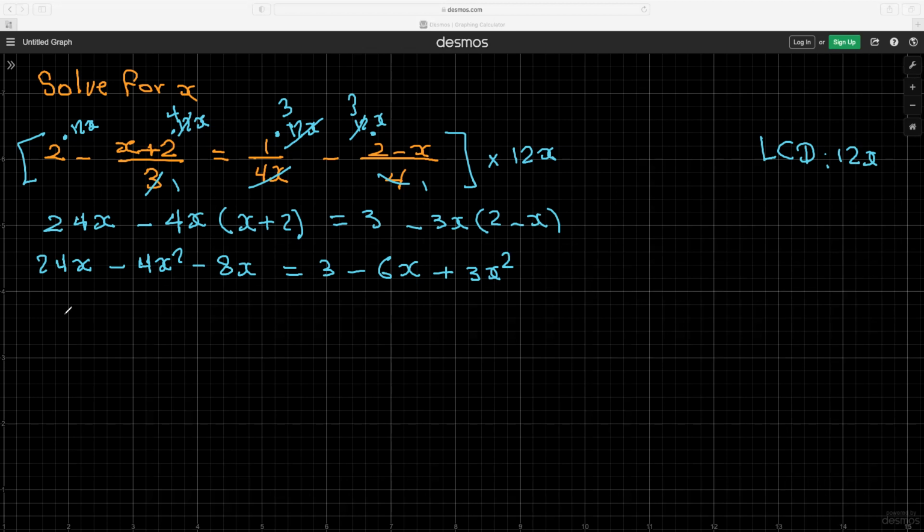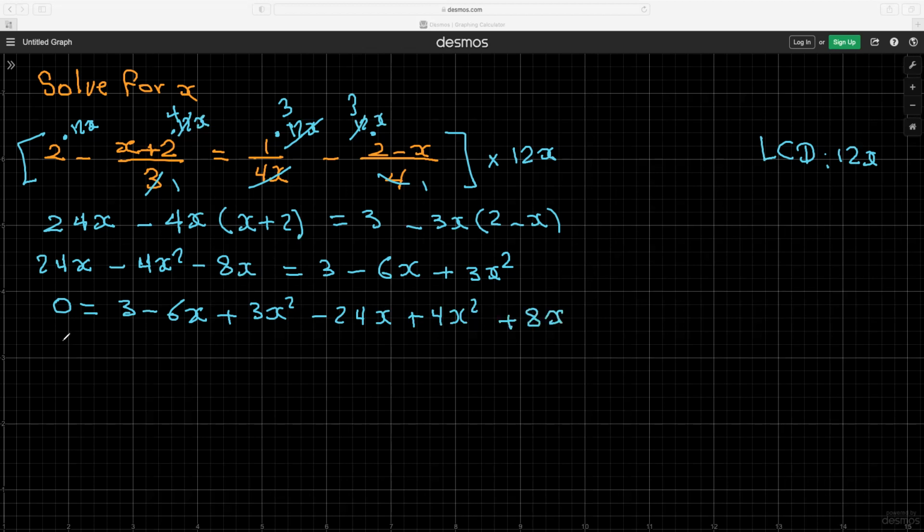Now the best thing to do in this situation is move everything to this side, so you're going to have 0 on the left side. Let's rewrite it here, 3 minus 6x plus 3x squared. When you move this in here, all the signs in front are going to change. So that's going to become minus 24x, that's going to become plus 4x squared, and this is going to become plus 8x.